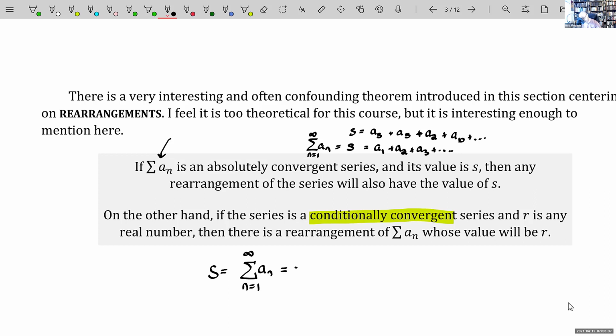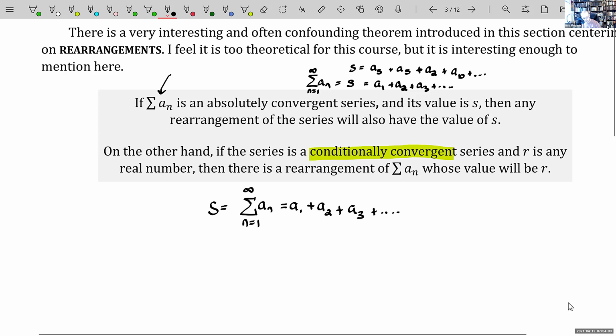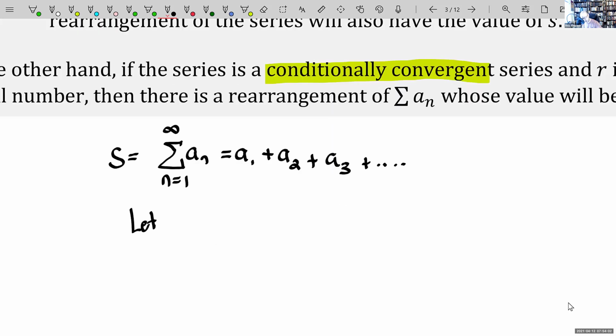Okay, so that is A1 plus A2 plus A3 plus so on and so forth. When you add it up that way, the way it's written, it will converge to some value of S, right? Just like we did up above. However, if it's conditionally convergent, then you can make that summation add to anything you want by rearranging it. Let R be any real number.